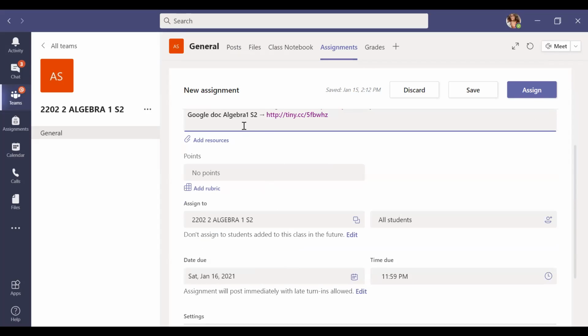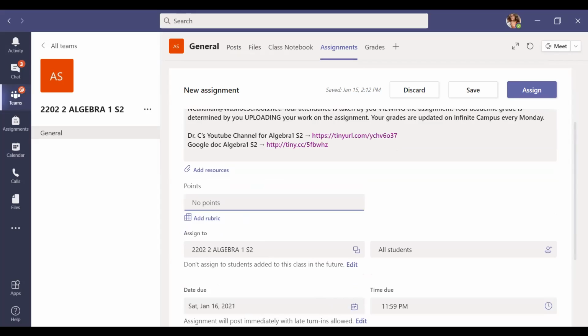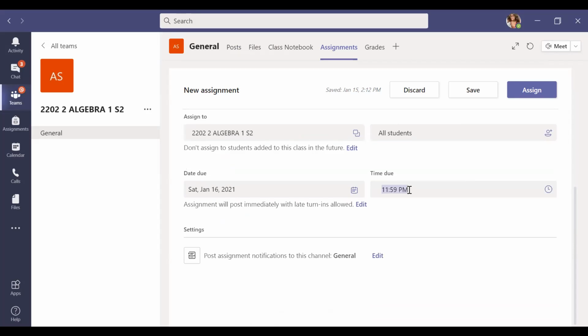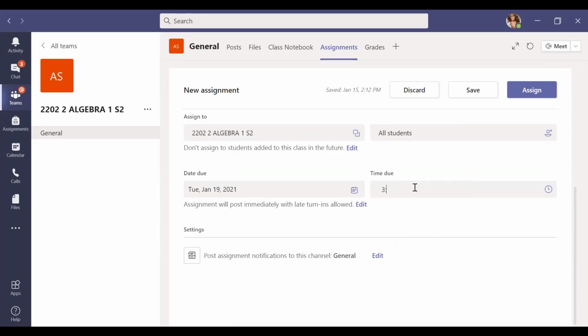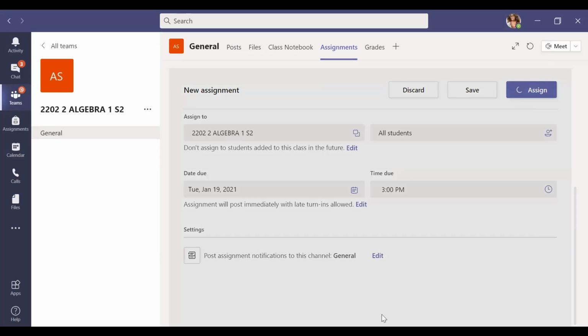If you need to make up any assignment, just go to the Google Doc for makeups. All right, 10 points. And it is always due on that Tuesday by 3:30. Actually, it's going to be 3 p.m. There we go. And let's go ahead and assign.